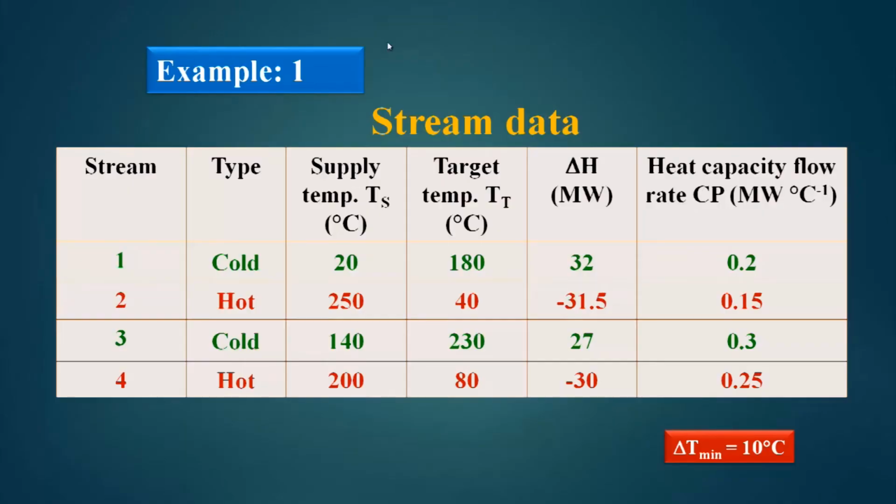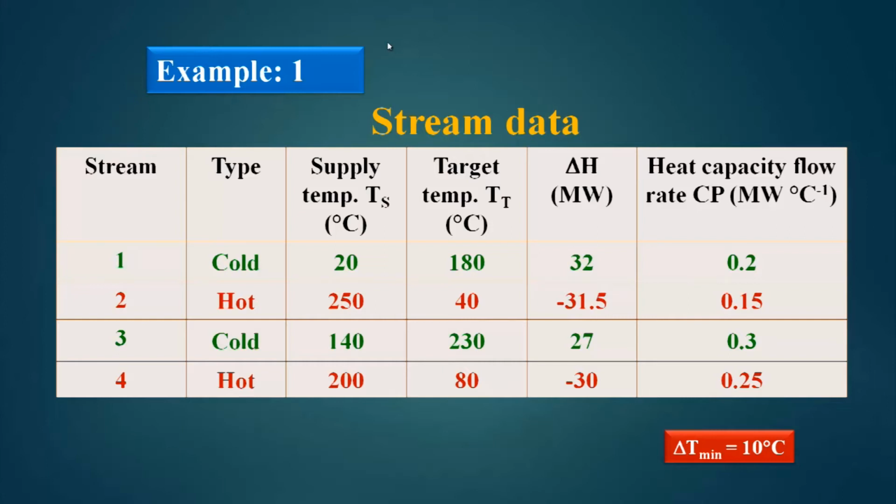This delta T minimum is an ad hoc value which we have selected in this case as 10 degree centigrade. There are some thumb rules based on which we assume delta T minimum values to start with, but this delta T minimum value can be changed and we can find out the amount of hot utility and cold utility for different delta T minimum values.